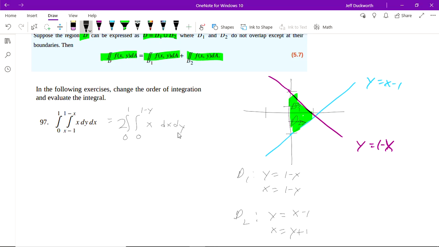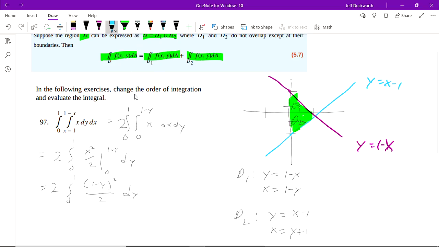Let's see. It's going to be 2. The integral of x is x squared over 2. Evaluate from 0 to 1 minus y. 1 minus y quantity squared over 2, which we can do here.